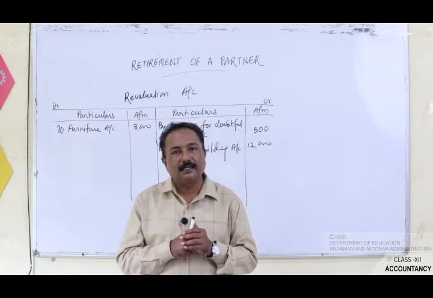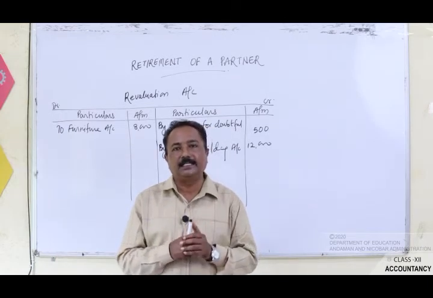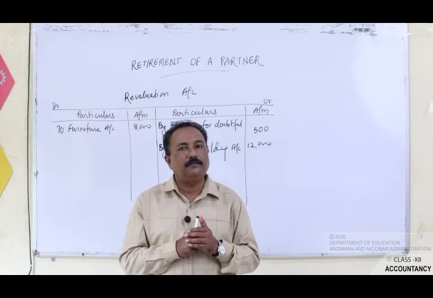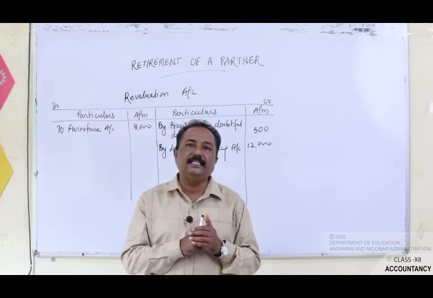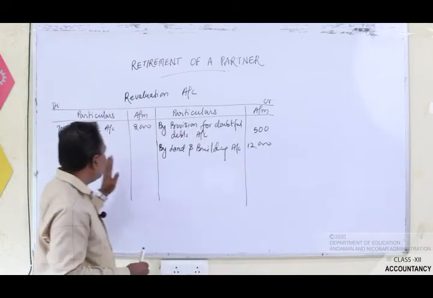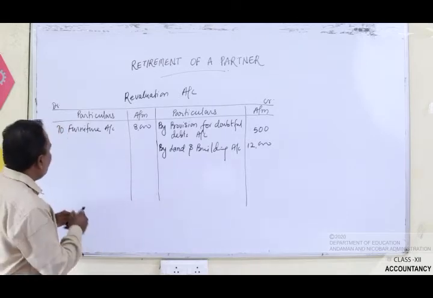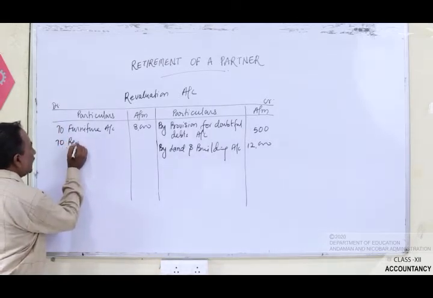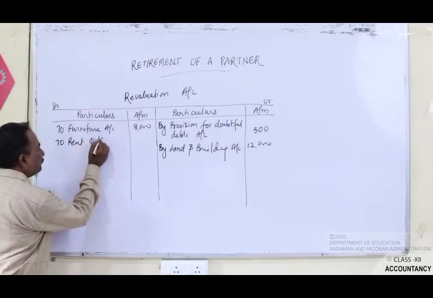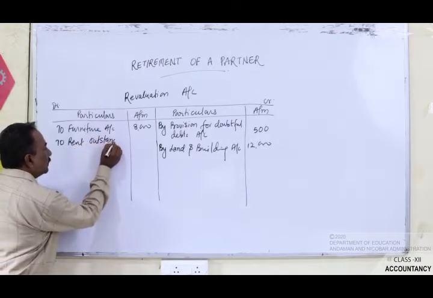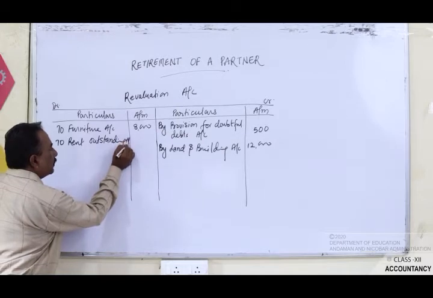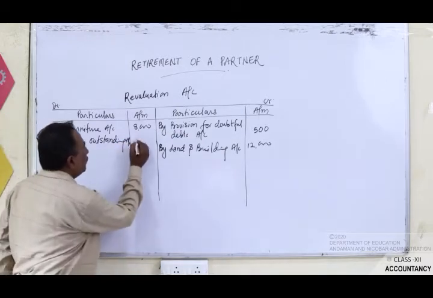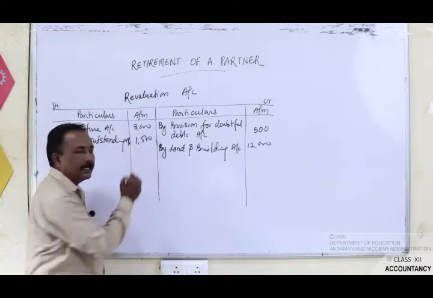Here the liability has increased, and as I told you, whenever the value of liability increases, that has to be recorded on the debit side of the revaluation account. So, write on the debit side as to rent outstanding account, and the amount will be rupees 1,500.